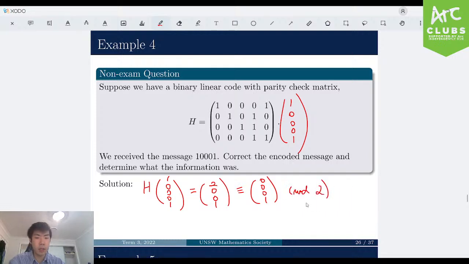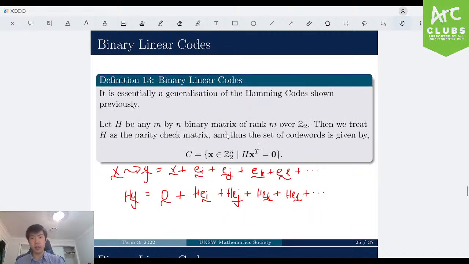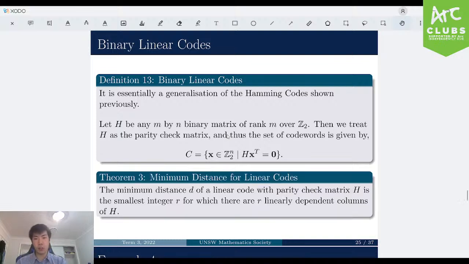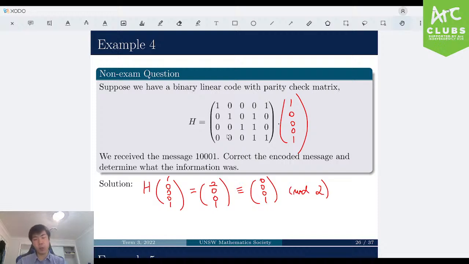Right? Now note that 0001 or 2001, no matter which one you decide to use, is not any particular column of your matrix H. And this is exactly the whole point of what I said earlier: you may no longer get a syndrome that is exactly equal to a single column of your matrix H. In this case, we don't.